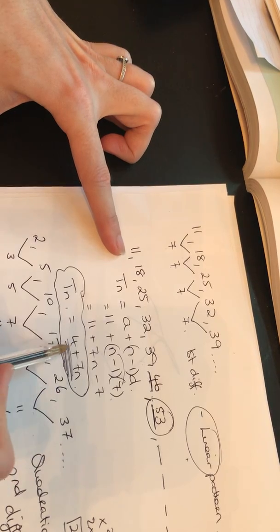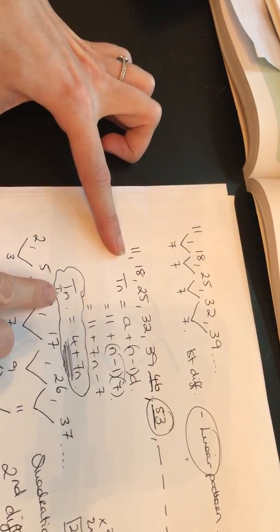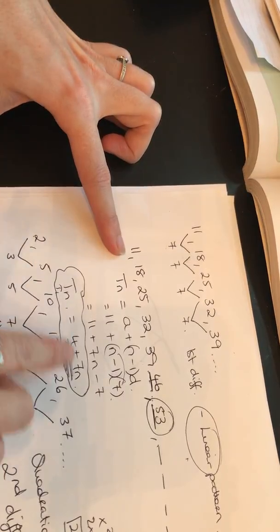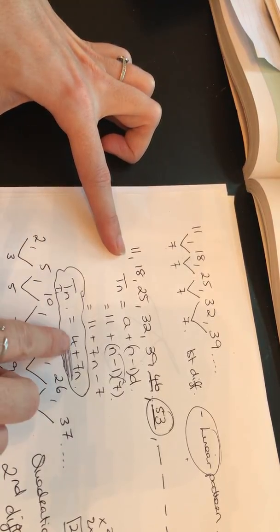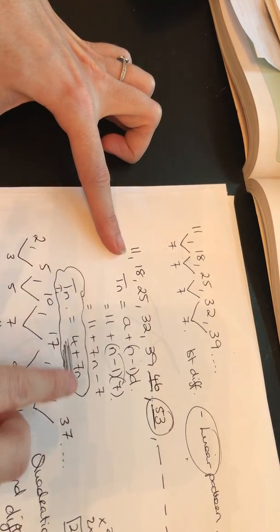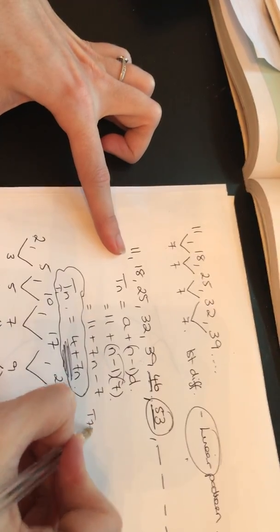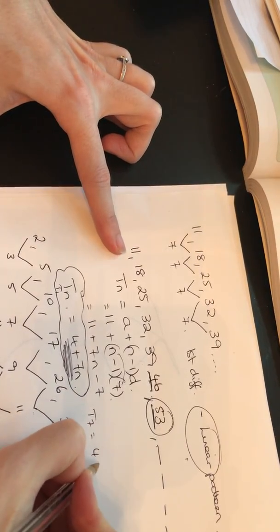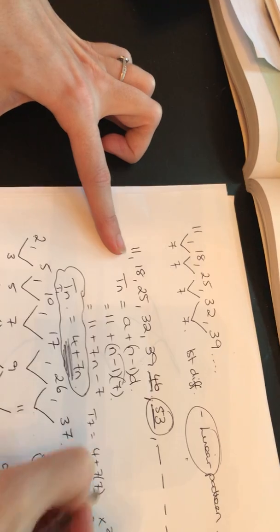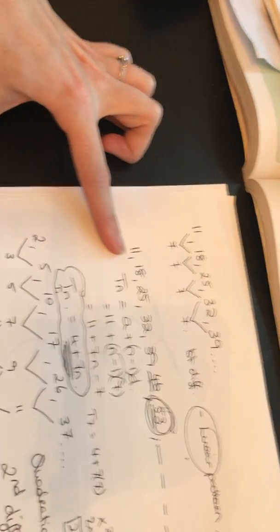So if you want term 1, T1, then anywhere you have an n, throw in a 1. So 4 plus 7 times 1, yeah, that's 11. If you want the 7th one, T7, 4 plus 7 times 7, so 7 sevens, 49, plus 4, 53.